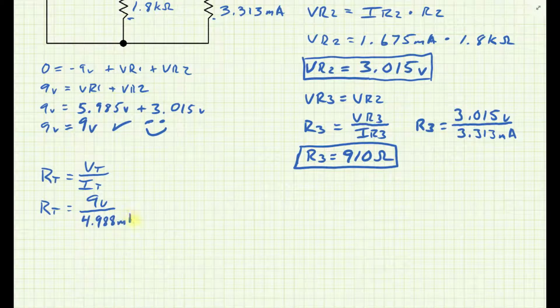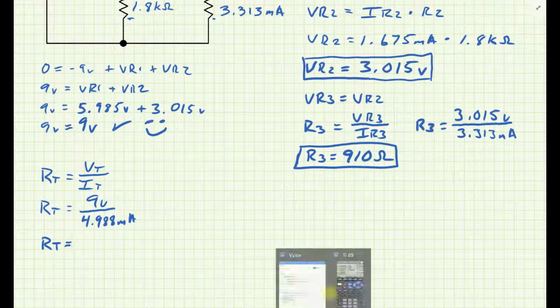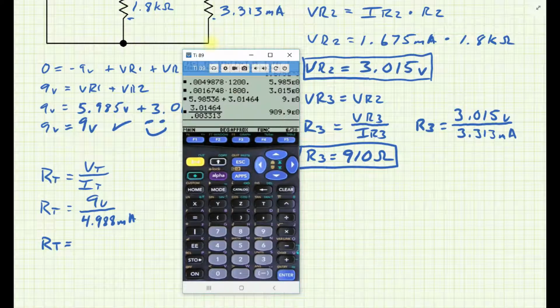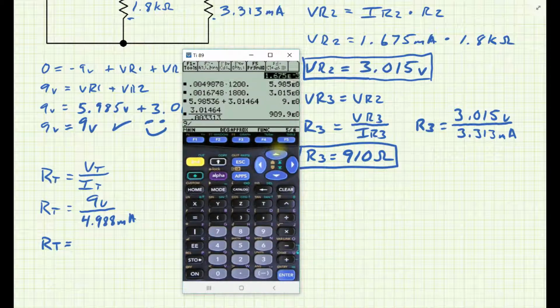4.988 milliamps. So let's just see what our total comes out to be using Ohm's law and the numbers we've got so far. Alright, so bring back the calculator. 9 volts divided by, and I've got a saved number up here which will be less rounded than if I just punch it in.